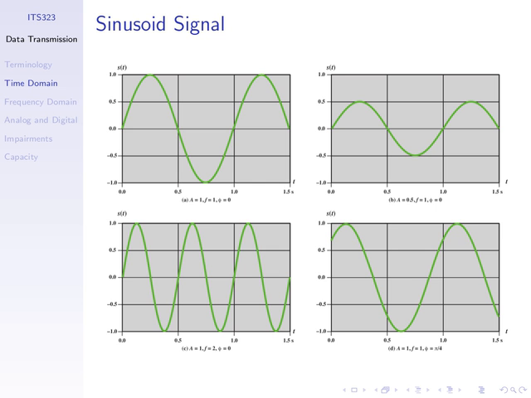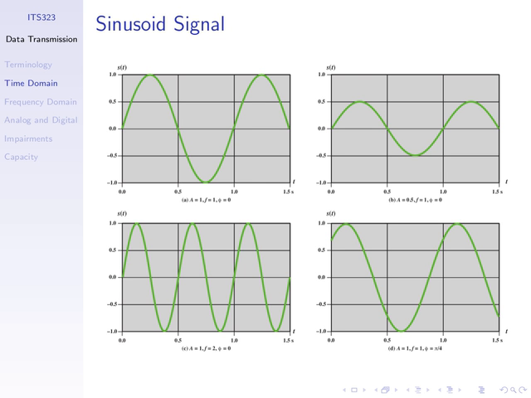The peak amplitude is 1, times the sine of 2 pi f. In this case, the frequency is 1, times t, plus our phase phi, which is 0. Or simplified, simply sine 2 pi t. That's the first signal, the top left one.